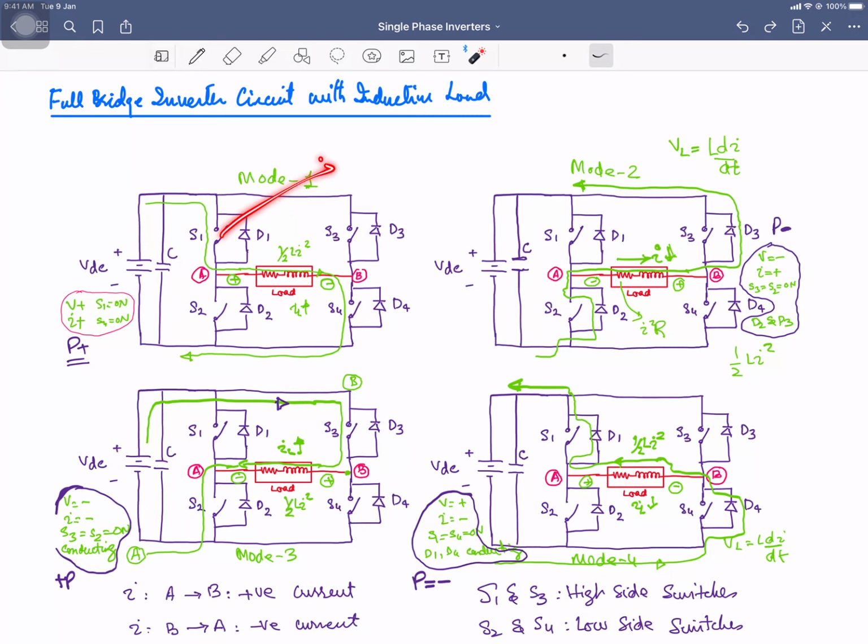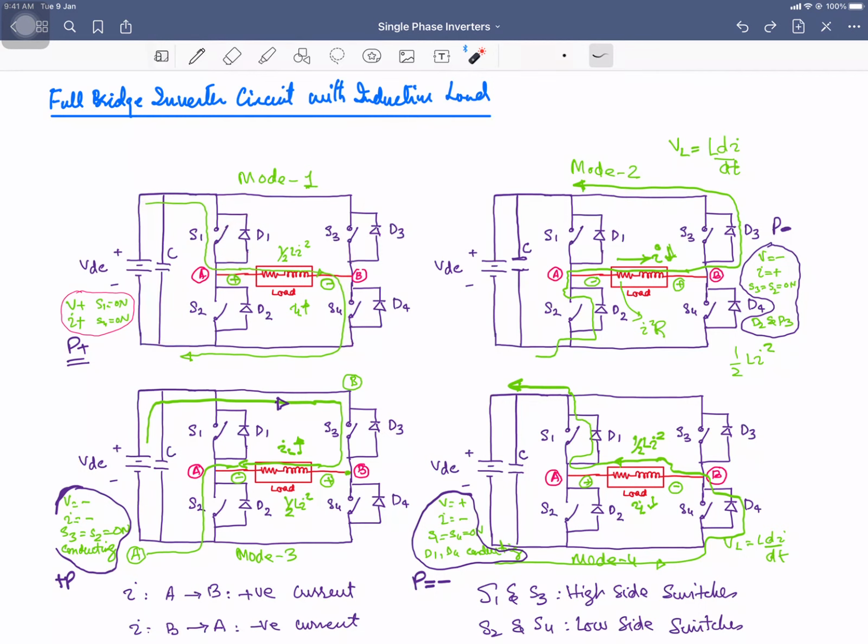I am going to assume that this is an ideal switch and there is no voltage drop across this switch. In that case, whatever is your source voltage is going to appear over here, and similarly this point will be connected over here.